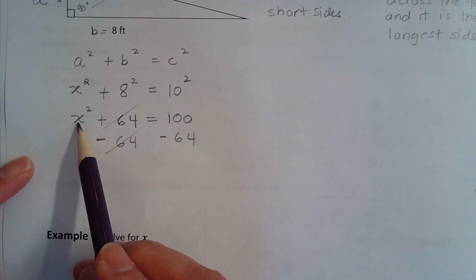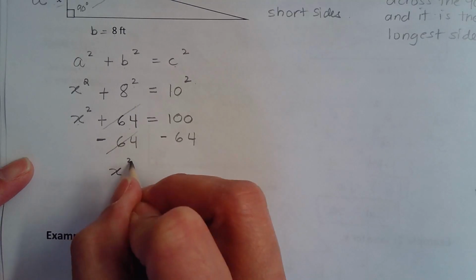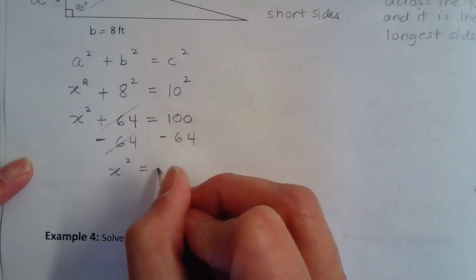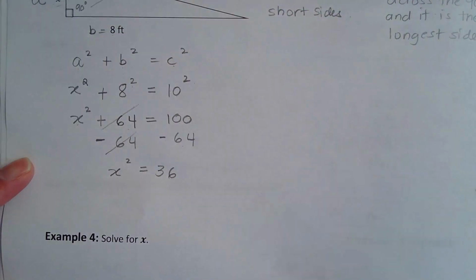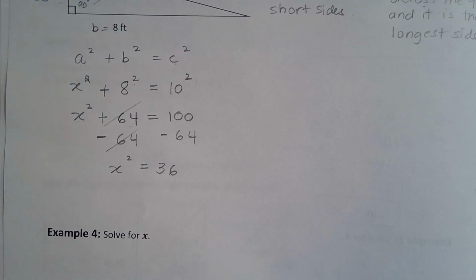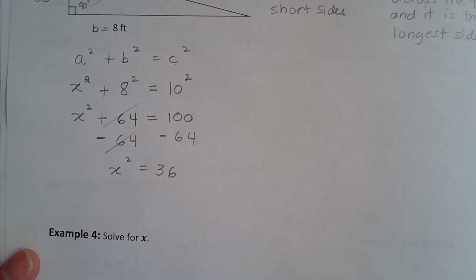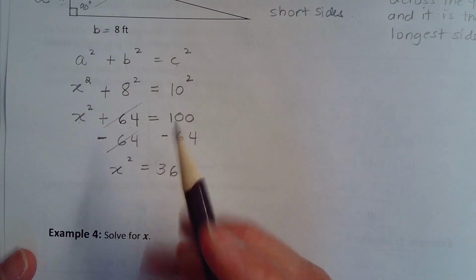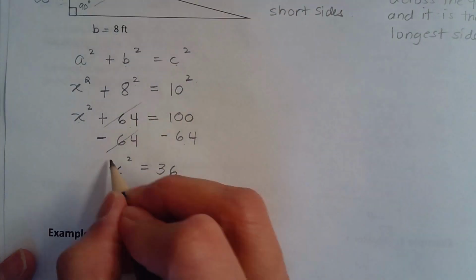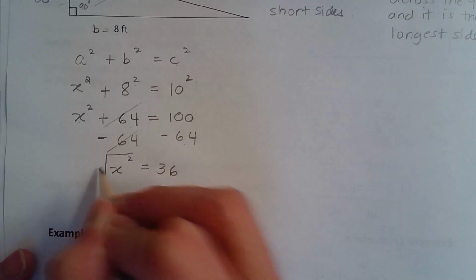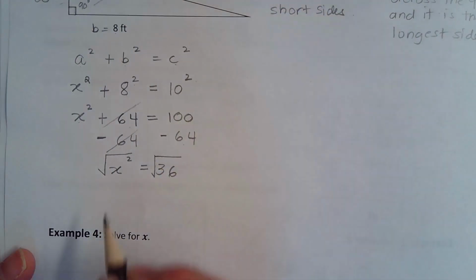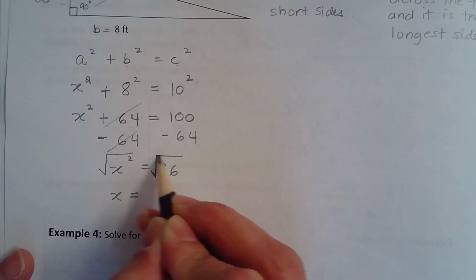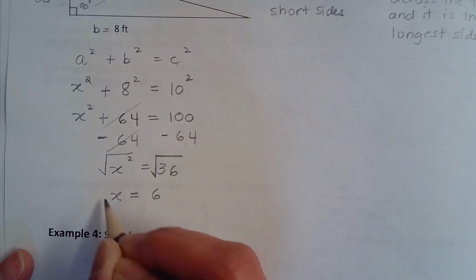So now we're left with x squared equals 100 minus 64, that's, somebody already said 36, I heard. 36. Yeah. Okay. Finally, the last step is to get rid of the squaring. To do that, we're going to take the square root of both sides. So x equals the square root of 36, which is 6.